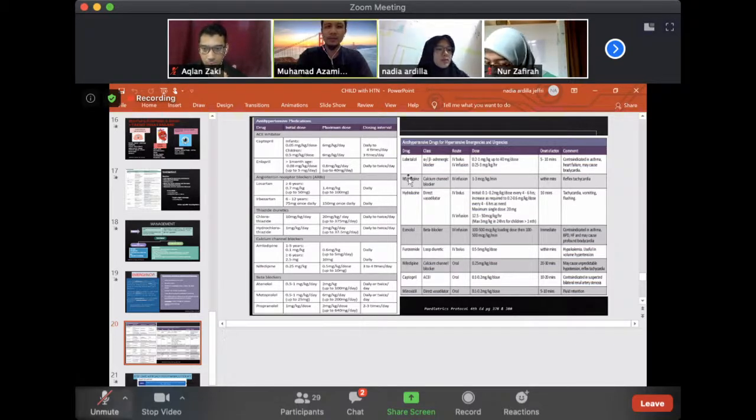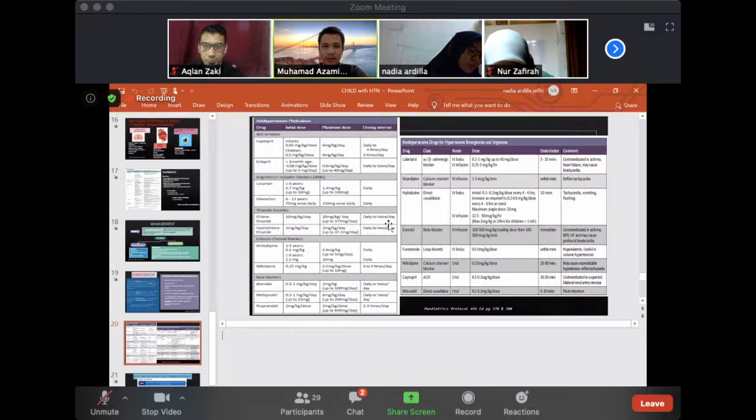So, do you see that in the PITS protocol? The one I said here is the one for PITS protocol. However, it's not stated which one first or which one second. Oh, yeah, I can't remember. Because I thought last time I did see the PITS protocol about hypertensive crisis that you use IV labetalol.